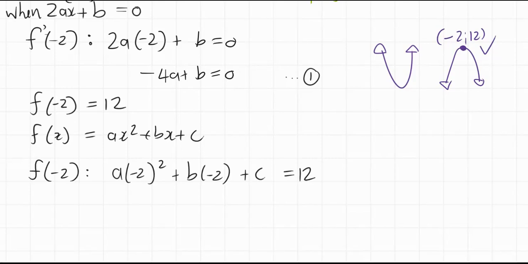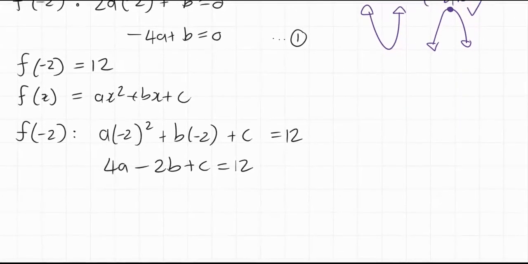That was the y at the point with x equal to negative 2. So here we have 4a minus 2b plus c equals 12. Let's call that equation 2. So we have another equation here.